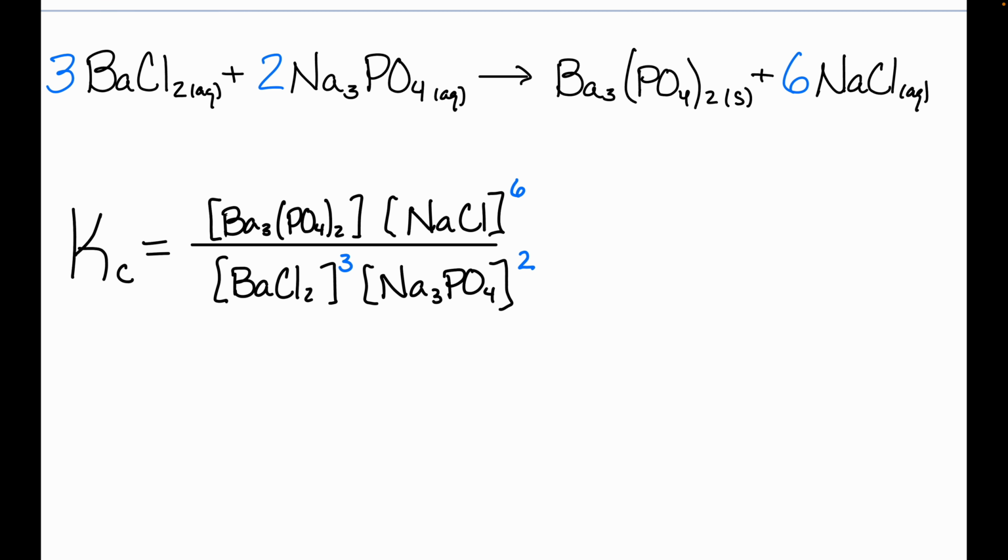As soon as that barium phosphate forms, it's going to settle to the bottom. Talking about its concentration doesn't really make sense, and in particular we're just going to exclude these from our equilibrium expressions. Turns out that these are independent of the amount of solid as well as pure liquid that is formed in a chemical reaction.